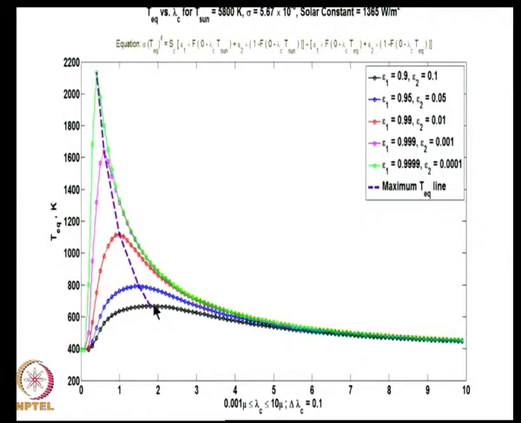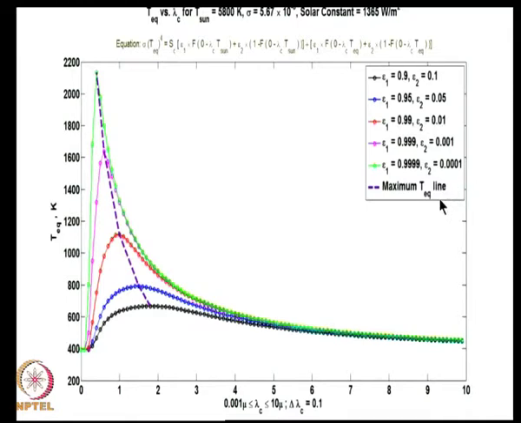In this example, when emissivity is 0.1, we have a value close to 600 degrees Kelvin, and as you reduce the emissivity from 0.1 onwards to very low values, the temperature keeps increasing and has gone up to 2100 degrees Kelvin. And as you take emissivity lower and lower, it will keep going up.